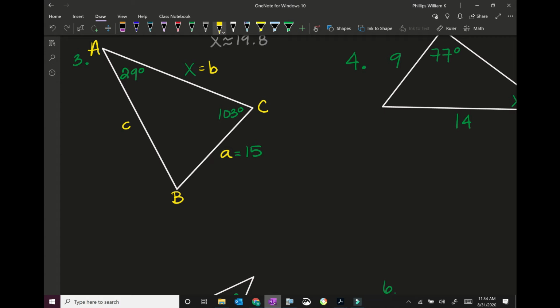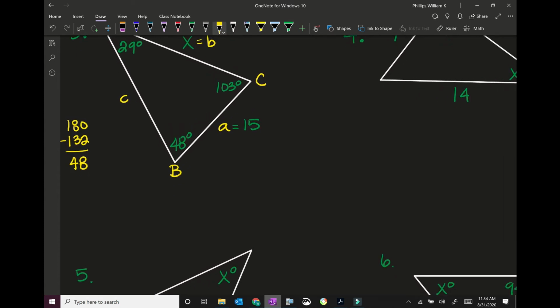So I need to subtract this from 180. So here, let me say 180 subtract 132. And that's going to give us 48. So that's going to be the measure of my angle here. And that's what I'll use when I set up my proportion.